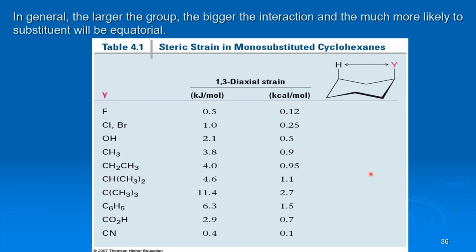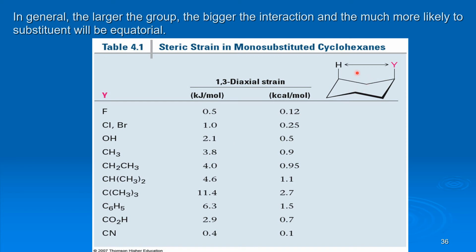This graph, I'm not going to ask you any particular numbers unless they're given to you. It's not anything you have to memorize. But what they're showing you here is whatever the substituent is, what kind of energy interaction is there between Y and H. So we were looking at the methyl group. The methyl group, it's 3.8.